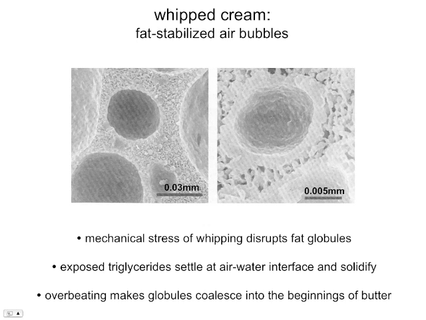And what happens then? Now we no longer are emulsified, and those triglycerides settle out at the air-water interface that's introduced by those bubbles, and they crystallize, they solidify. So that's what provides the structure and the stabilizing structure of whipped cream. We'll talk about butter as well.